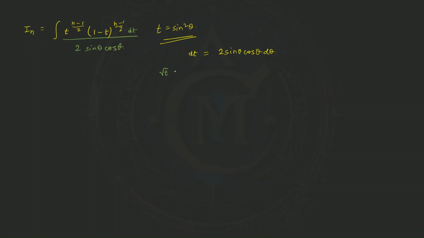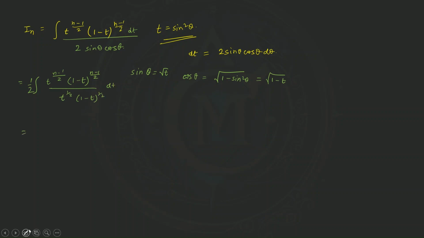We can easily calculate: sine theta will be root t, and cos theta will be root under 1 minus sine square theta, so root under 1 minus t. That means it will be half, then t to the power (n minus 1) divided by 2, and (1 minus t) whole to the power (n minus 1) divided by 2, divided by t to the power half and (1 minus t) to the power half, dt.